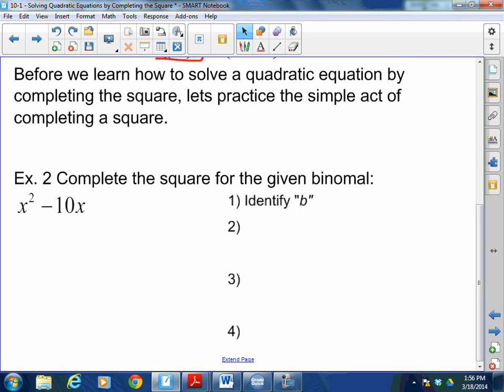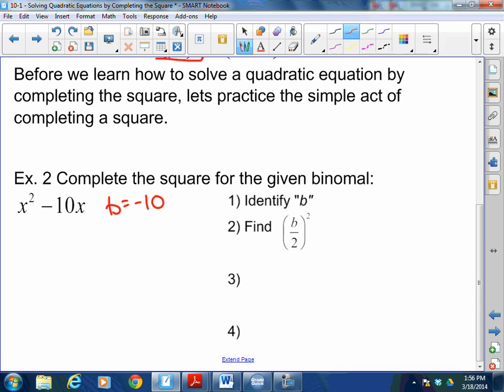1. Identify the b. What's the b here? Negative 10. 2. Find b over 2 squared. What's b over 2? Guys? Negative 5 squared. Leave it like that. Do not make it 25. Why, Mr. Morrow?